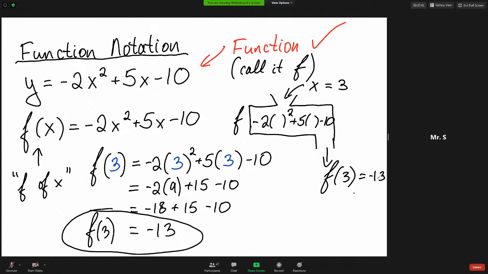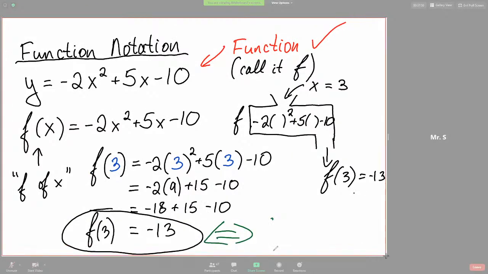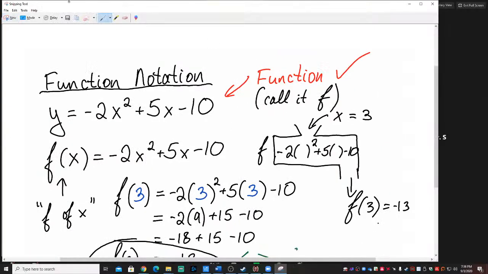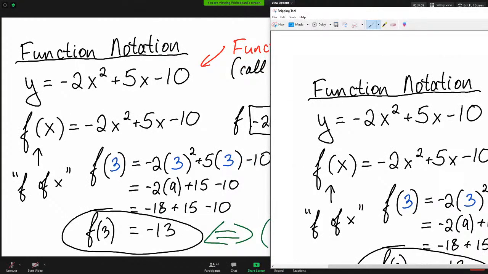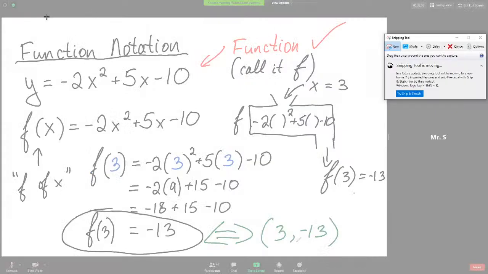I can use ordered pair notation to write this as well. What is my x value for that function notation? 3. And what is my corresponding y value? -13.